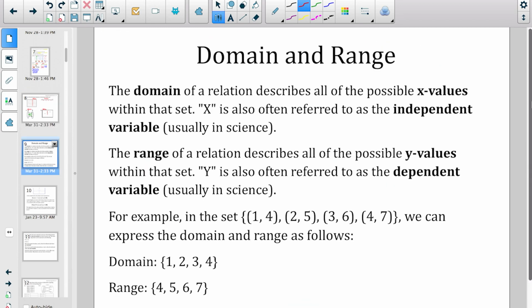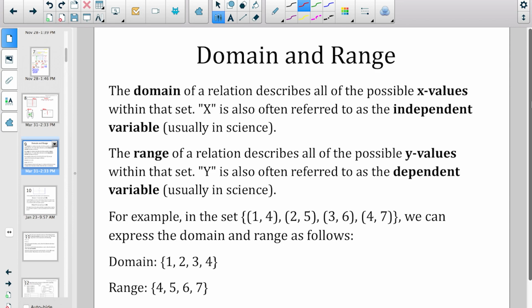Now the next portion here, domain and range, is probably one of the most important sections of Math 10C. Not just because it's quite difficult, but because of how often you will use it in grade 11 and grade 12.